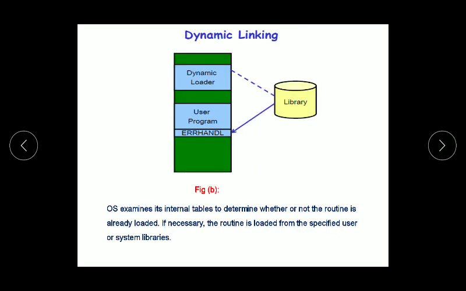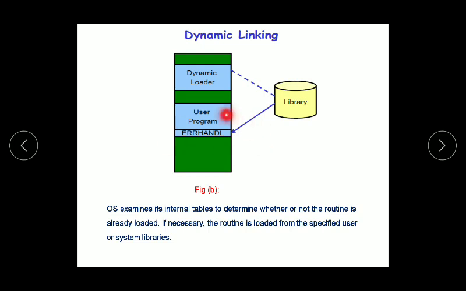What happens next? This is figure B. The OS examines its internal table to determine whether or not the routine is already loaded. Okay, first the OS will check whether this error handler is already loaded. If it is not loaded, then it will load from the standard library.